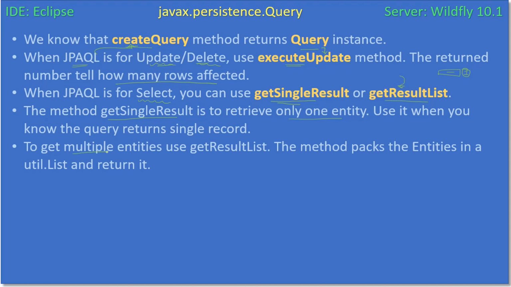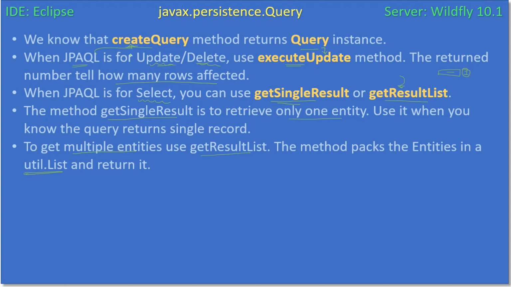To get multiple entities, we can use getResultList. This method packs entities in a util.List and returns it. So this is what the entity manager does. It makes use of a list from the Java util package and packs the entities.